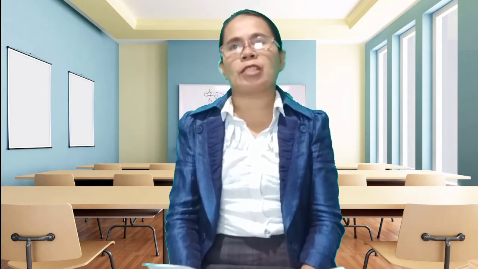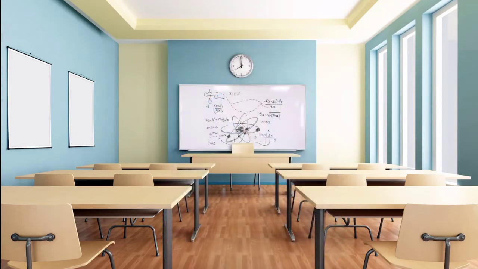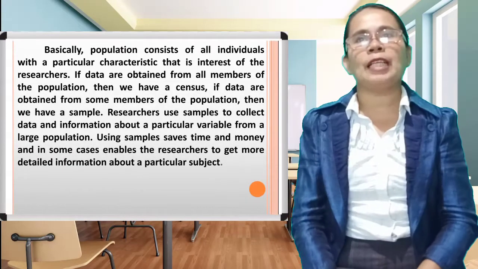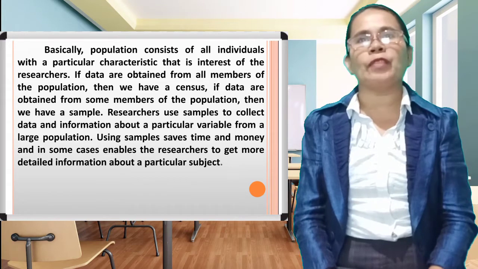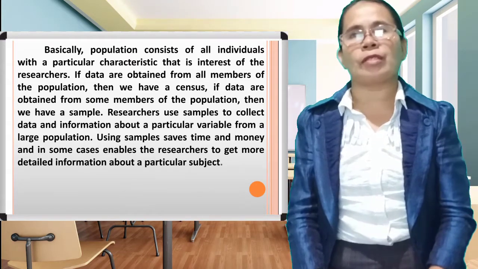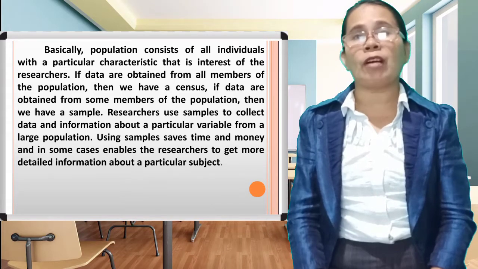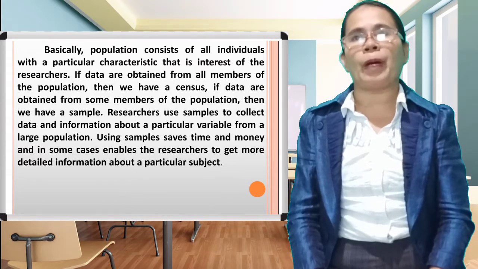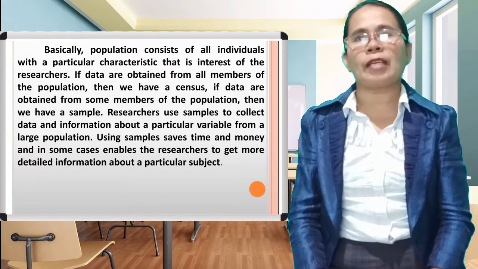But before that, let me give you an introduction about sampling techniques. Basically, population consists of all individuals with a particular characteristic that is of interest of the researchers. If data are obtained from all members of the population, then we have a census.